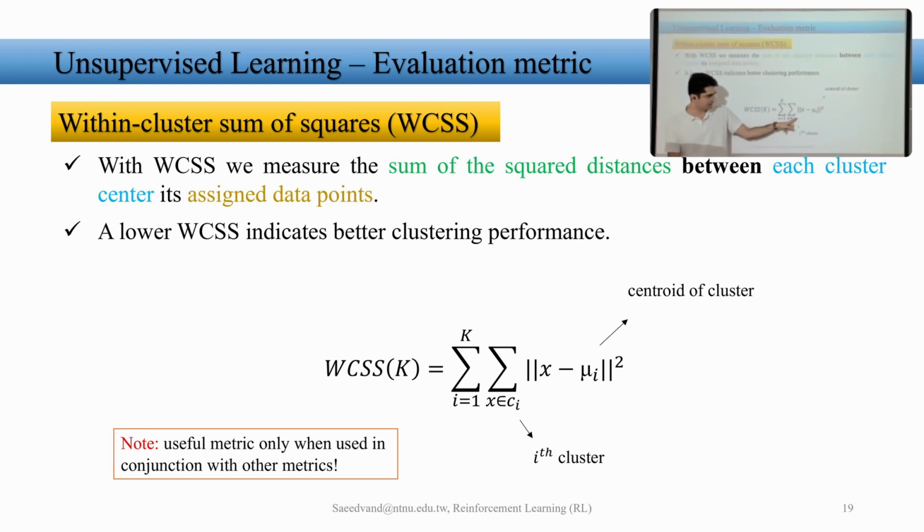This term indicates the data points included in cluster i. This is the centroid or medoid of the cluster, it could be both, mu of i. The Euclidean distances of each one of these points included in this cluster to the centroid or medoid, and the sum of those plus the sum of these. This is the WCSS metric.